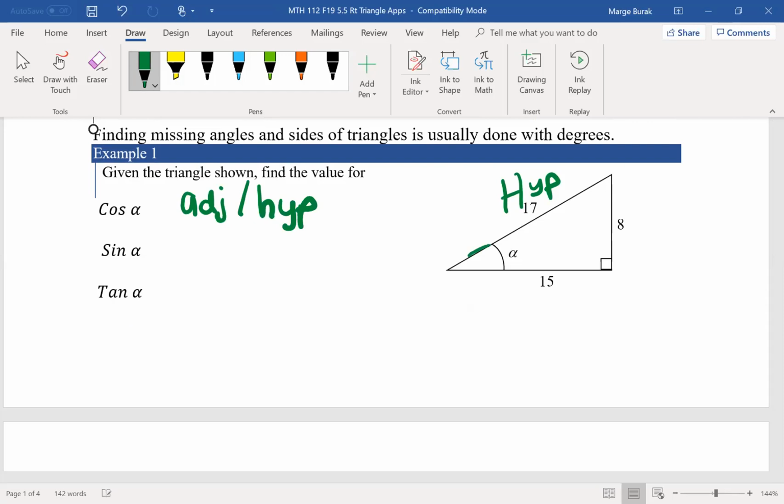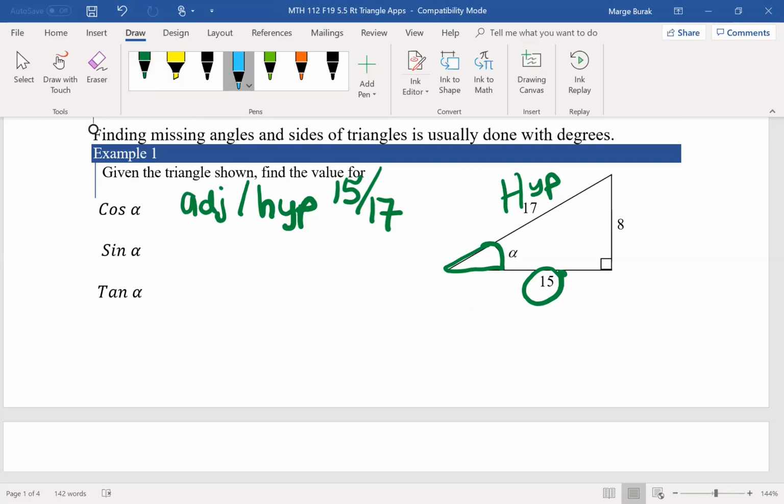Then if I'm standing here, the adjacent is the one right next to me, over the hypotenuse. So I get 15 over 17. If you divided that out, you would get a freaky decimal, and that's what you'll get on your calculator when you do the cosine, sine, or tan.